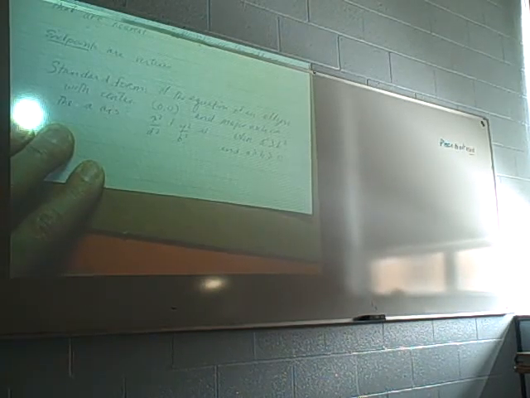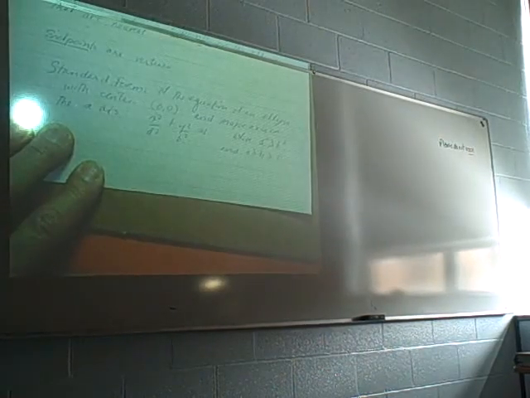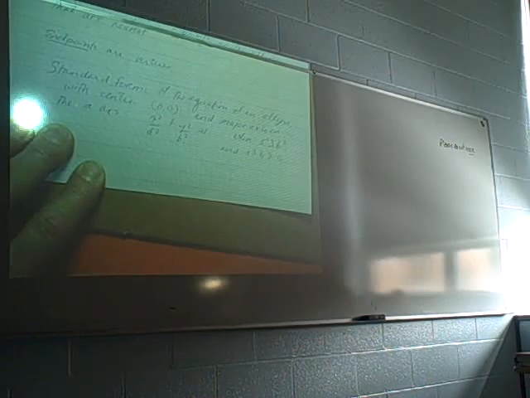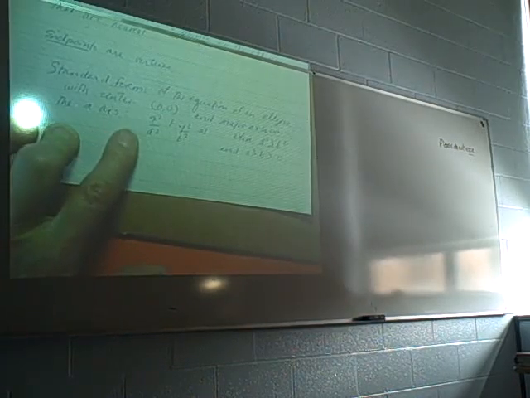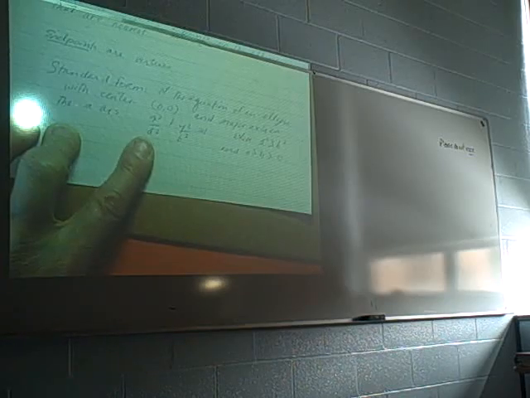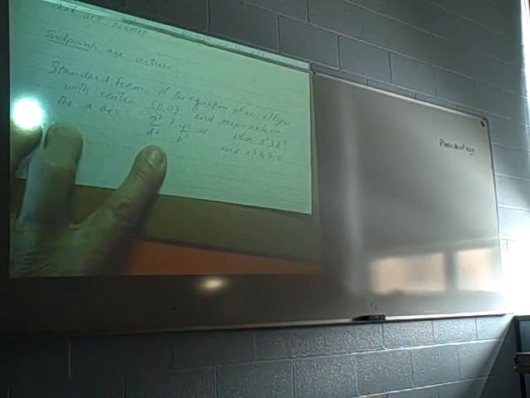So far we've only talked about the orientation of the ellipse with the major axis on the x-axis, and that's x squared over a squared plus y squared over b squared equals 1. I'll explain to you in a second.